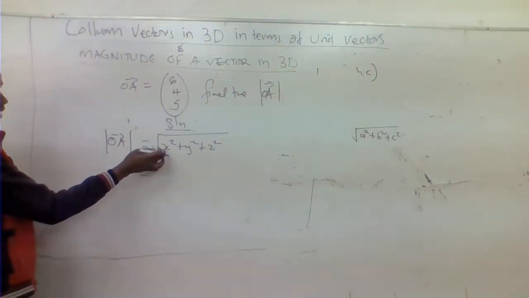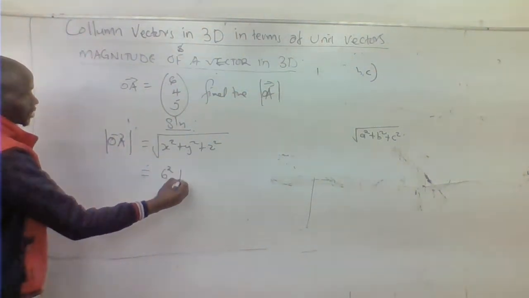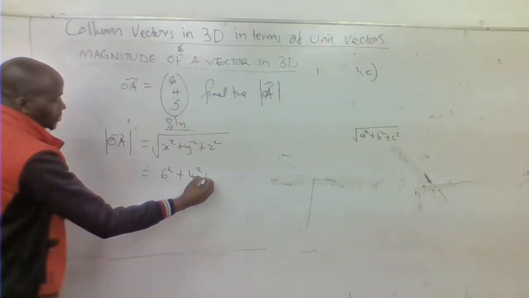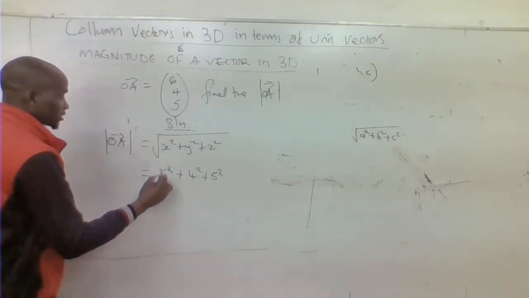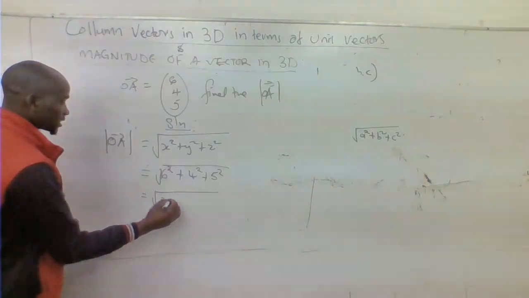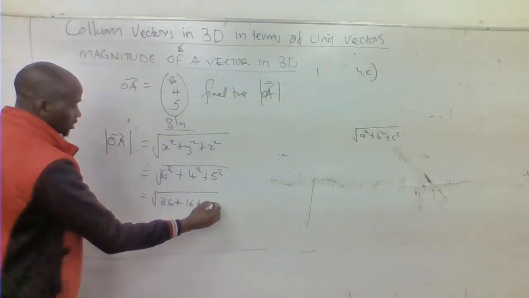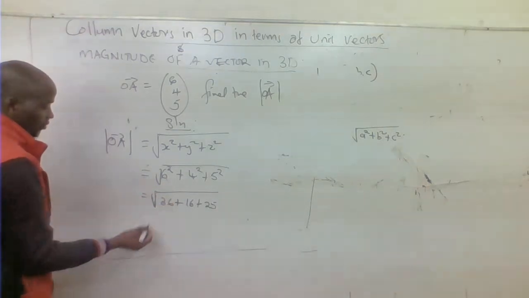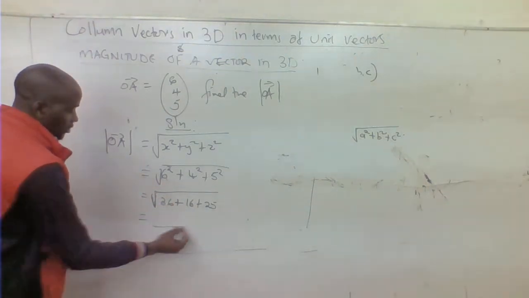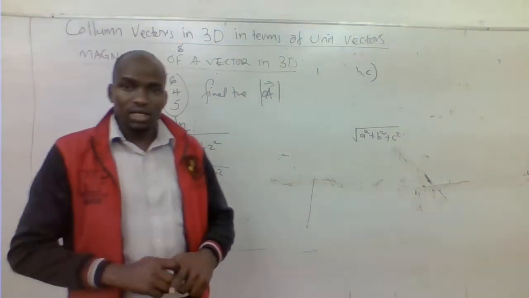So we'll have x in this case to be 6 squared, plus 4 squared, plus 5 squared. In this one, I will get the square root of 36 plus 16 plus 25. Then you find the square root, and you can do the calculations to get the modulus.